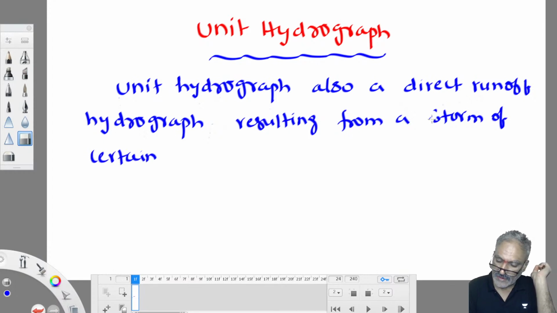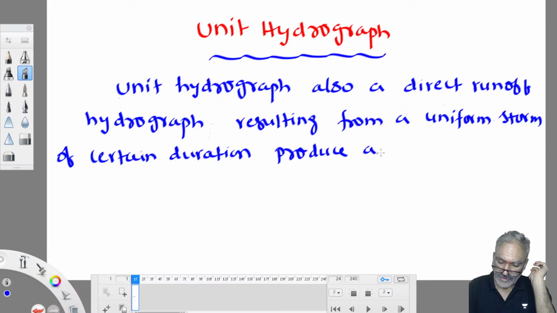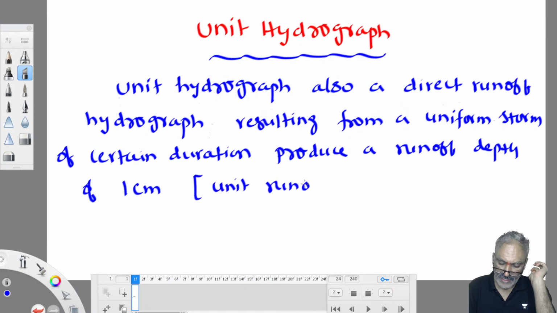That is also important. Wording is very important to understand the concept. Resulting from a uniform storm of certain duration, producing a runoff depth of 1 centimeter, or unit runoff. In India, unit runoff means 1 centimeter, uniformly over the entire catchment.